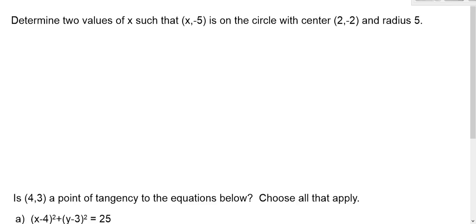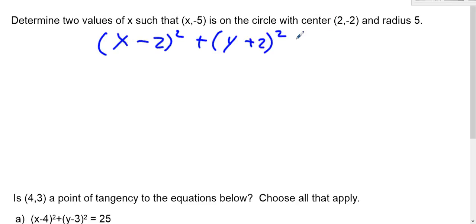So this question's pretty similar, yet we have to work it out a little bit different. We know the center and the radius, which means we know the equation of the circle. So let's write the equation of the circle. X minus 2, y minus negative 2, so y plus 2, equals radius squared, so 5 squared is 25.